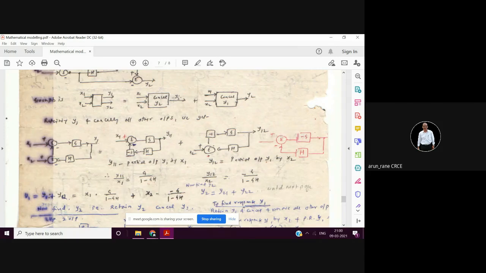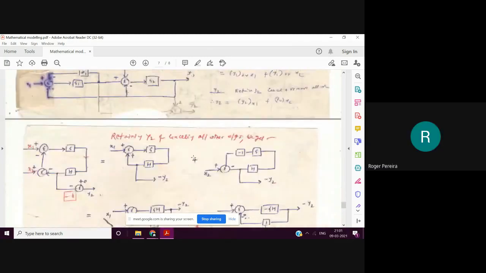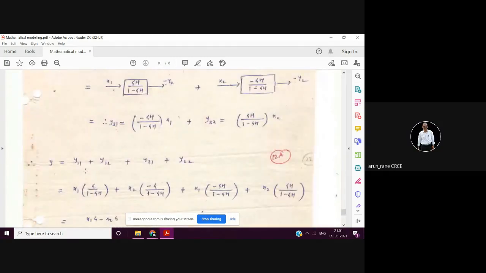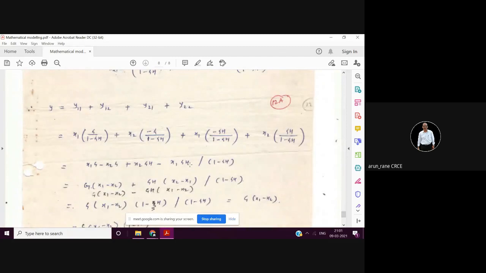And then similarly you will have y1 because of x2. That will be called y12. So that is y1 because of x1, y1 because of x2, then y2 because of x1 and y2 because of x2. So like that, four cases will be there.